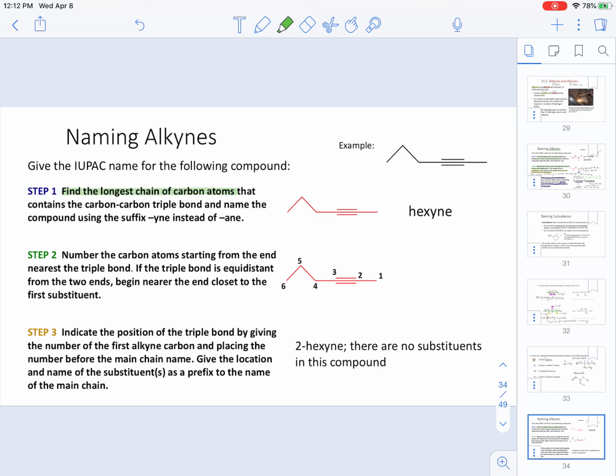Now, when it comes to an alkyne, because of the signature in the functional group, we are going to be finding the longest continuous chain that includes the carbon-carbon triple bond. You may write the alkane name, erase the -ane, and put -yne, because if we're dealing with alkynes, that's going to be the ending of the molecule.